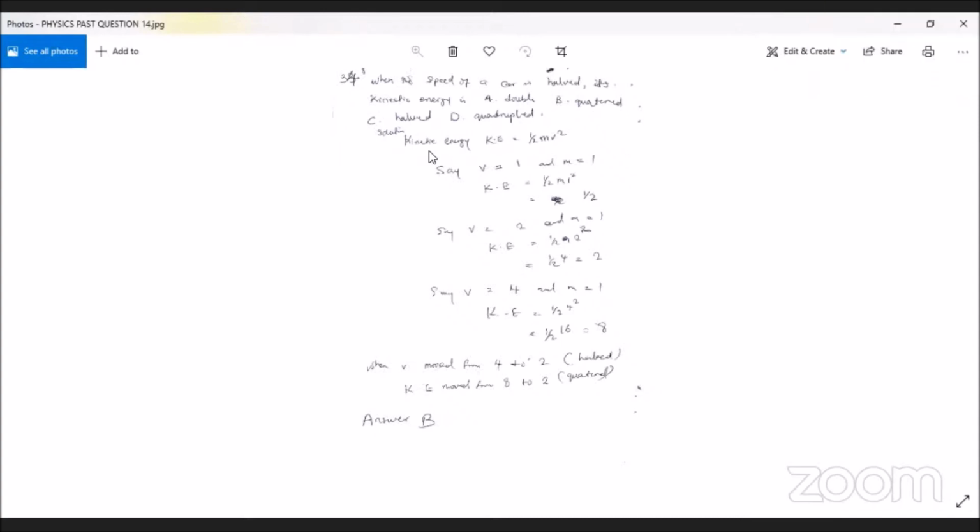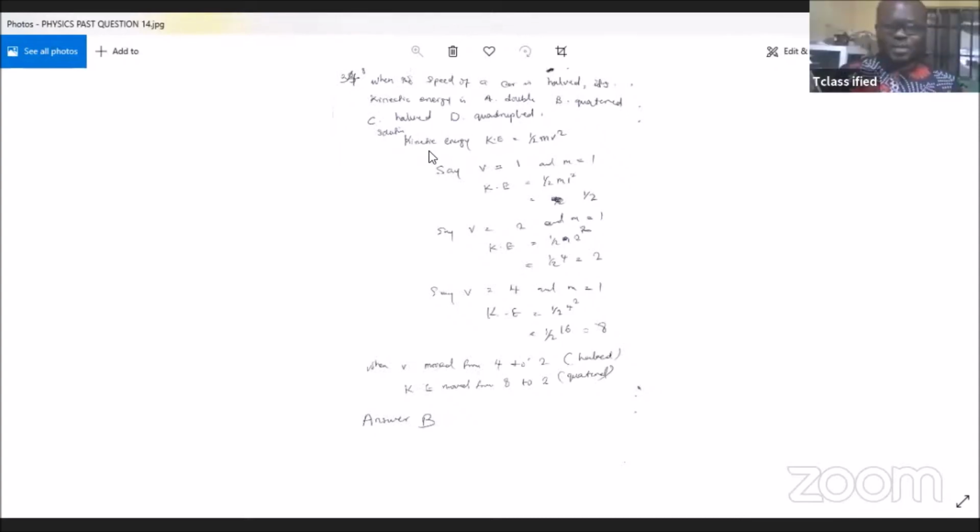Yes. When the speed of a car is halved, its kinetic energy is A, doubled, B, quartered, C, halved, D, quadrupled. In order for you to get this, you need to know the relationship between kinetic energy and speed, in order to know what happens to the kinetic energy when the speed is halved. The relationship is that KE is simply equal to half mv squared.